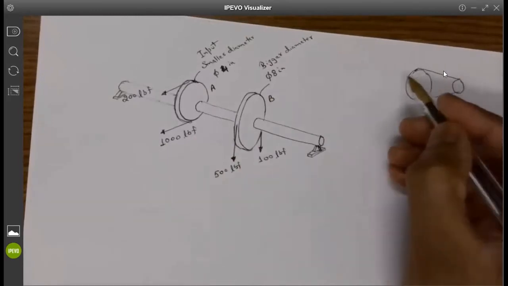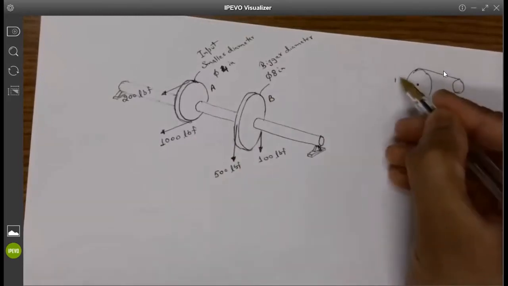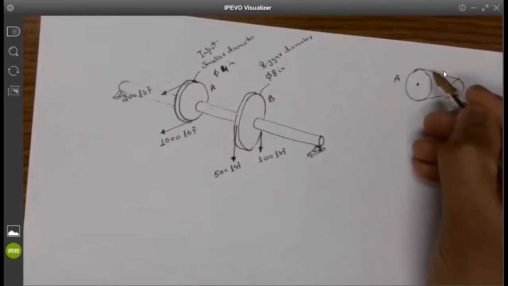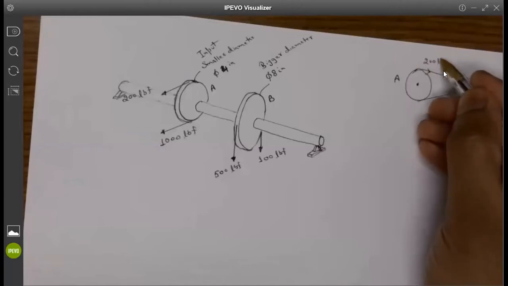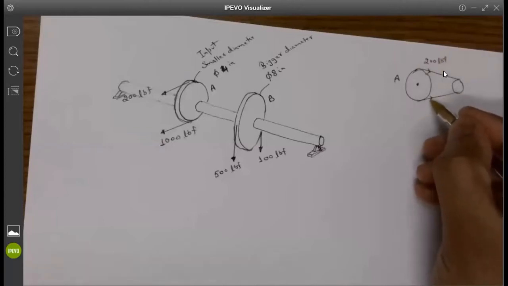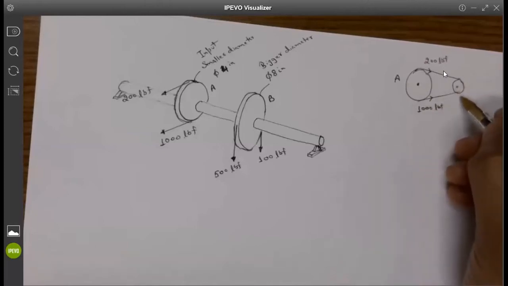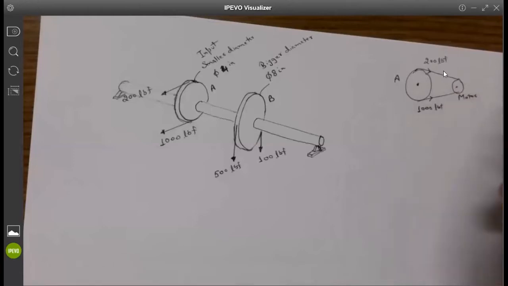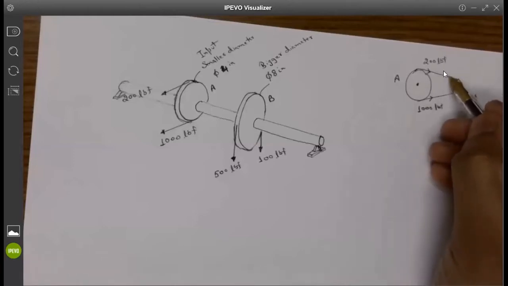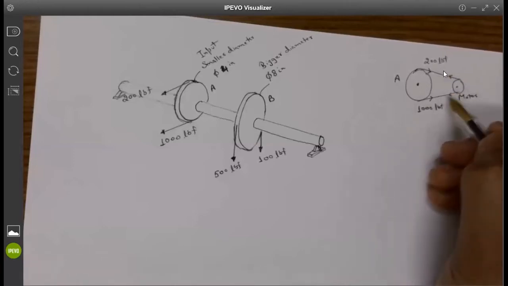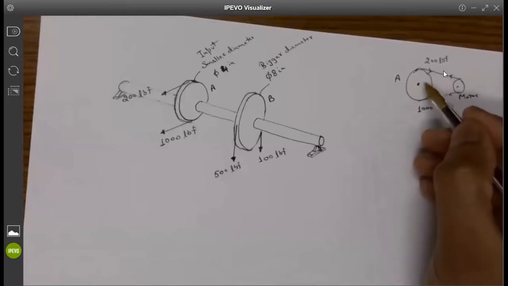So we are talking about pulley A here, and it has 200-pound force on the top, 1,000-pound force at the bottom, and this is your motor which is driving it, and this is the belt. So the tensions are basically pointing outwards whenever it is touching the surface.